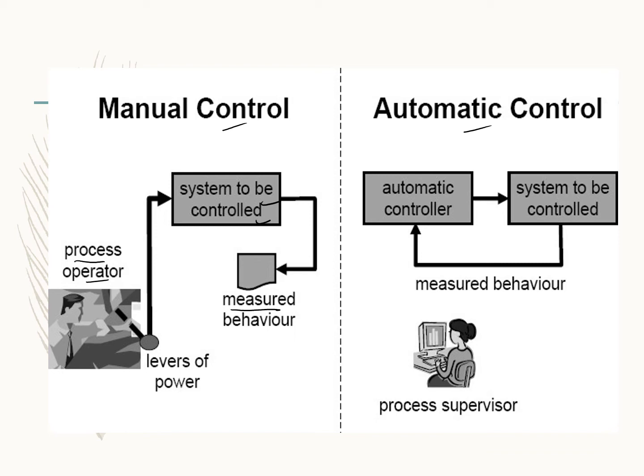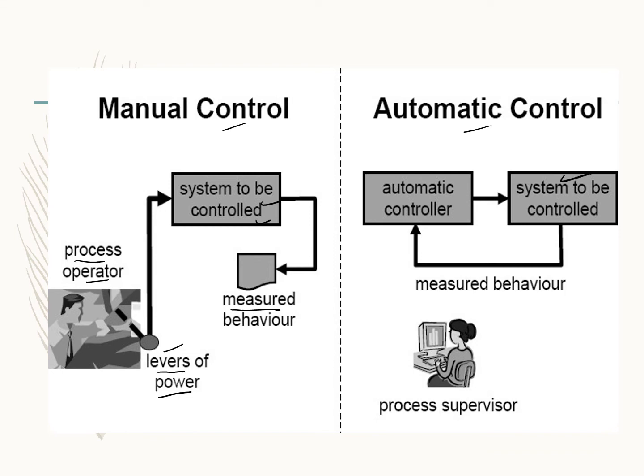If the measured value is higher compared to the desired value that we set before, the process operator needs to take action and make a correction, for example, to the level of power.